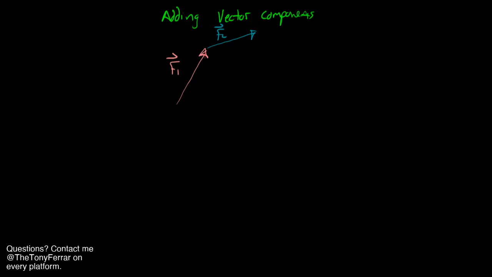And so we could project, if we call this the X and Y axis like so, we could call this here F1X and this side here F1Y, and do that again here. We have F2X, F2Y, and you can see I already positioned them head to tail, but what I want you to realize is that the horizontal component of this resultant vector is just F1X plus F2X, and the vertical component is F1Y plus F2Y.